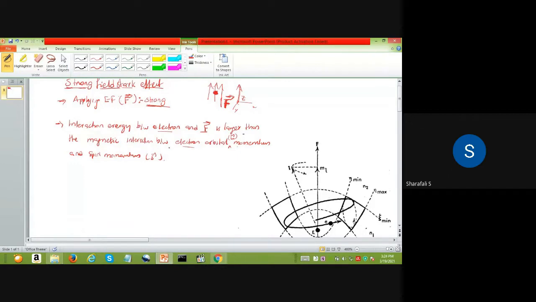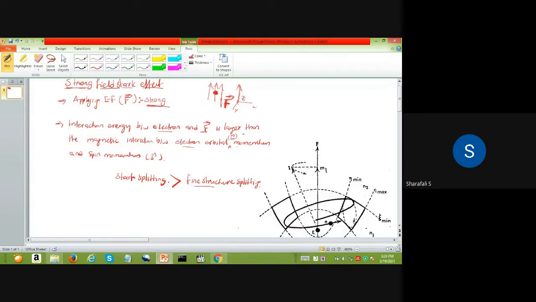In other words, the Stark splitting is larger than the fine structure splitting.